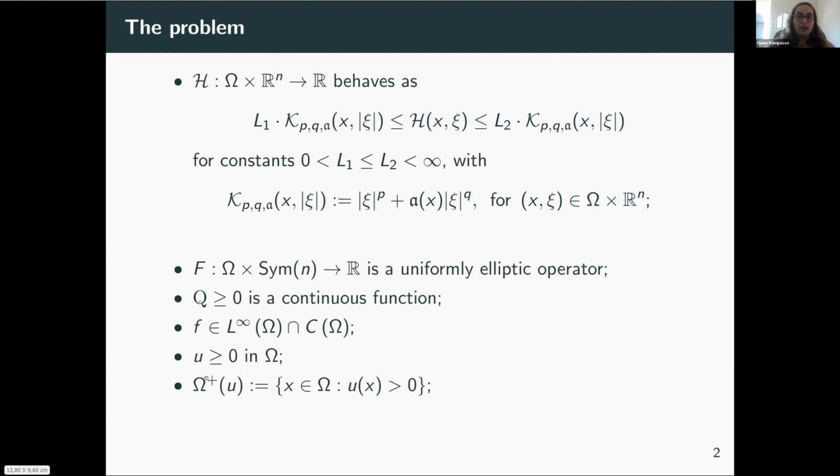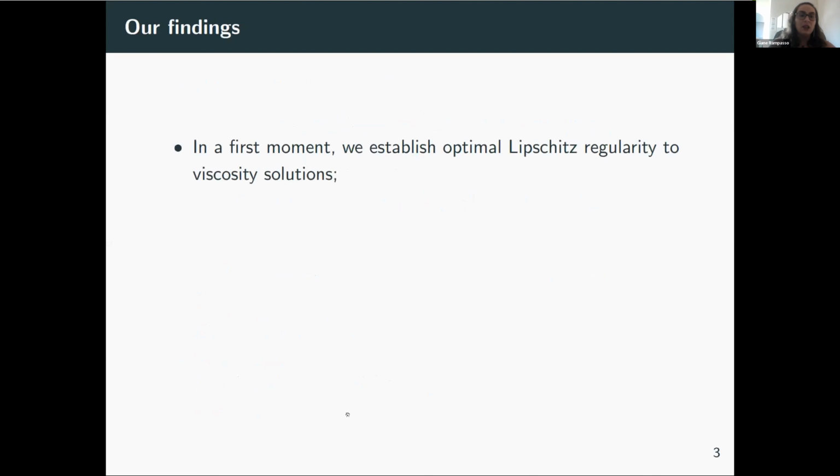So we are dealing with a problem in one phase, and we consider the set Omega plus, the points x where the solutions are positive, and the free boundary, which is formed by the boundary of Omega plus intersected with Omega.